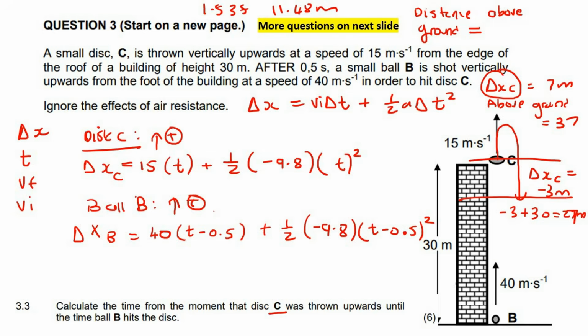So what we can say is the displacement that the object C undergoes, if you add 30 to that, then that is its distance above the ground. Okay, you can make that the same as object B's distance above the ground, but for that one you can literally just say object B's displacement, because object B is starting on the ground. So if object B has a displacement of 8 meters, then its distance above the ground is 8 meters.